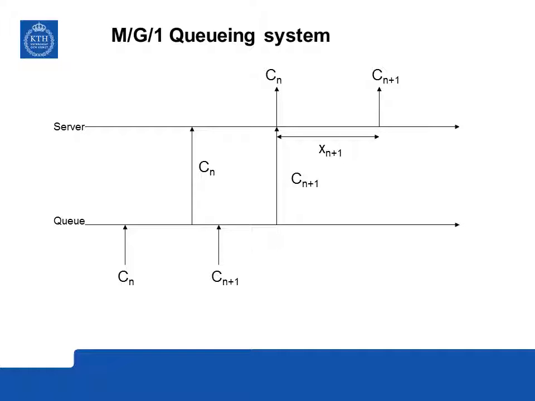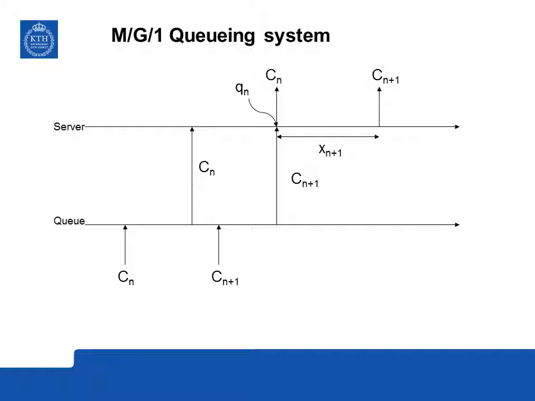Now, we make the observation that when customer n leaves the system, by Qn we will denote the number of customers that customer n leaves behind in the queue. So Qn is the number of queued customers, of course including customer n plus 1, but that is right now forwarded to the server.